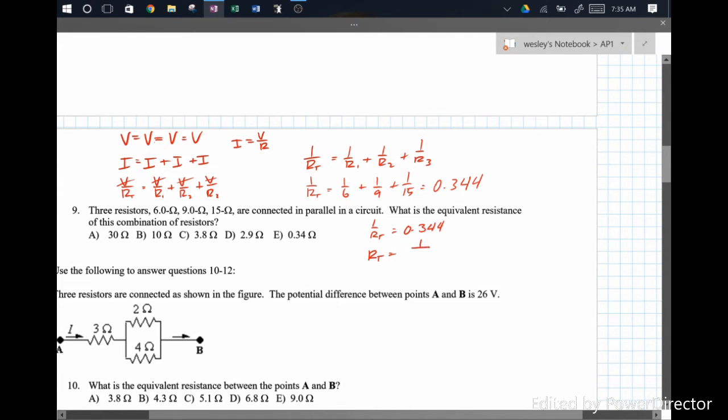So that's 1 divided by 0.344. If you're going to make a mistake with things, this is one of the mistakes that you could possibly make. You must take the inverse. So that gives me a total resistance of 2.9-ish ohms.